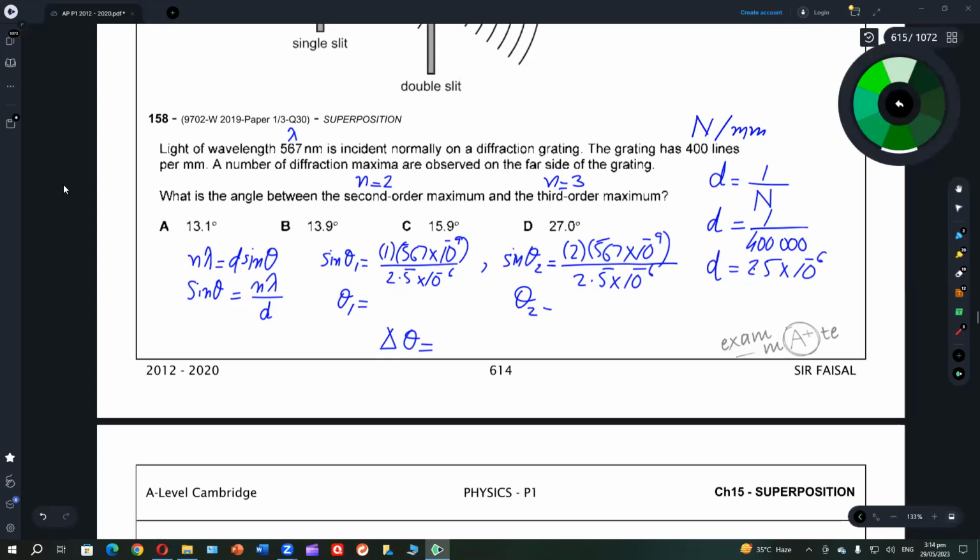The first is coming as 26.97, 26.97 degrees. Yes.